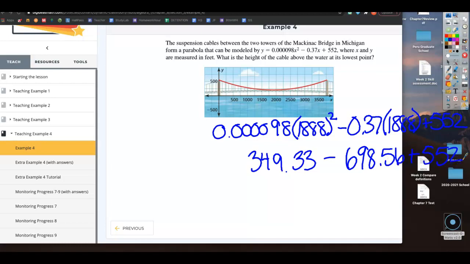So now I just have to type this back in. So 349.33 minus 698.56, and then add 552 to it. 202.77. Now round that number to the nearest whole number. 203. And we would label it, so that's my Y value, so that would be the height.